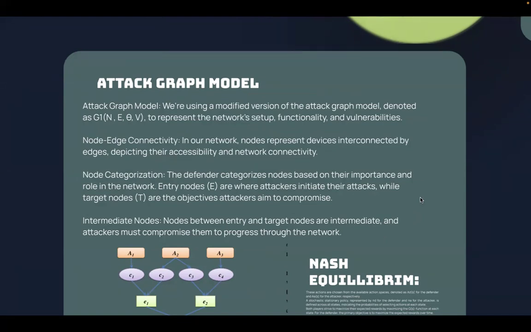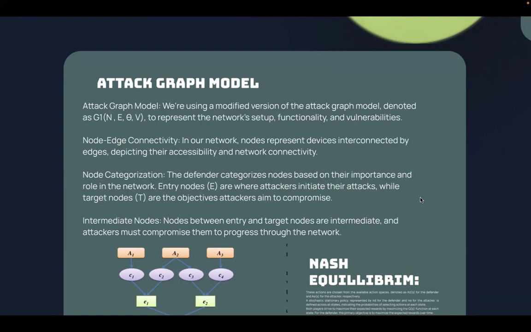To show this, we are using a tweaked version of a model called attack graph, which helps us map out these details. To represent these features, we adopt a modified version of the attack graph model denoted as G1, which has parameters n, e, theta, and nu.